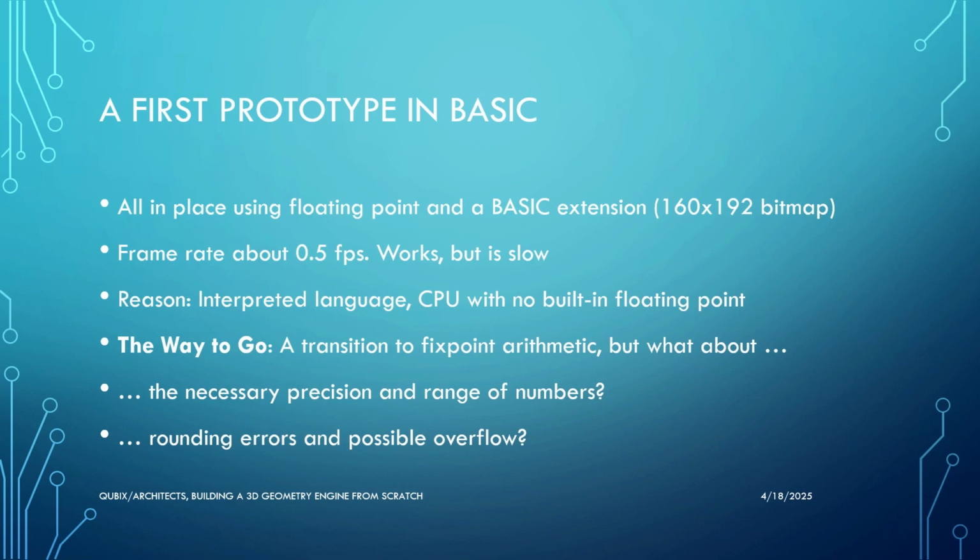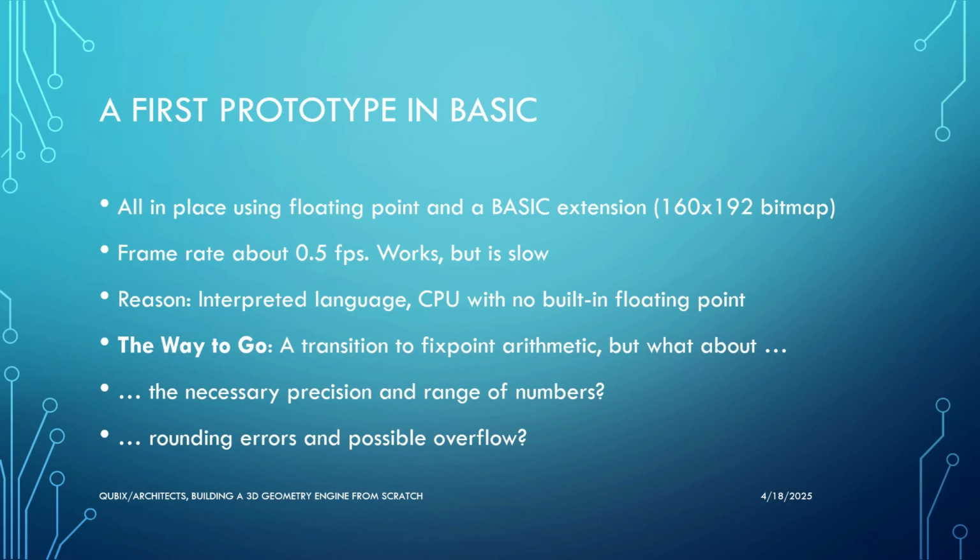In principle, all you need is a fairly fast line routine for this, and you get one animation phase every 2 seconds. That's more like a thumb cinema. Really, it works, but it is slow. We have an interpreted language, and we have a CPU with no built-in floating point.